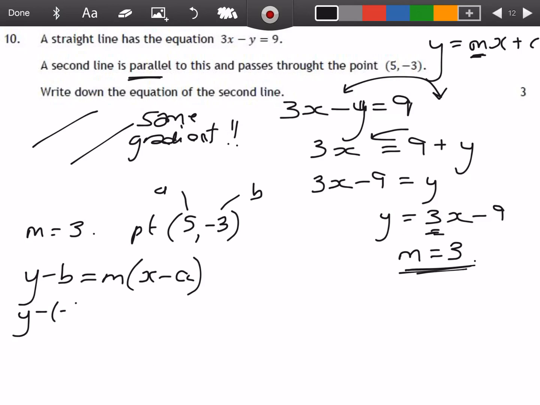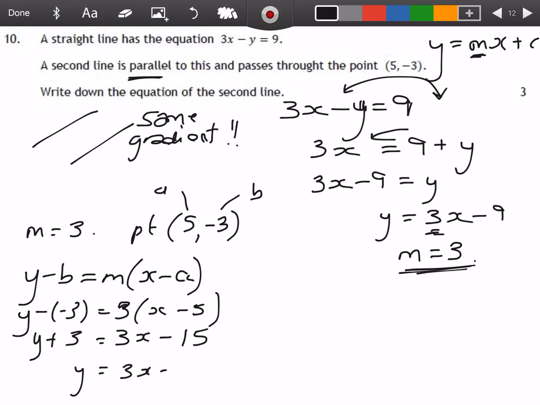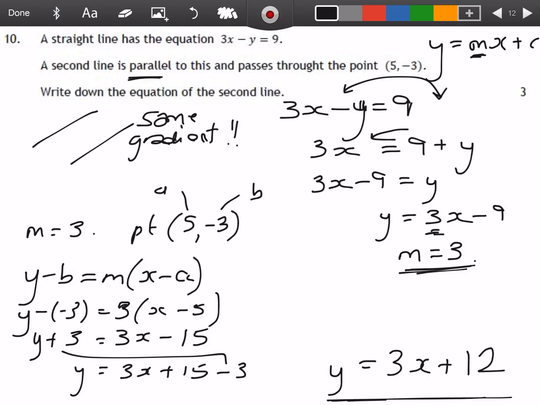So y minus 3 is equal to 3 bracket x minus 5. Tidy that up a wee bit. Y minus 3 is equal to, that's a 3 there, sorry, 3x minus 15. We don't really like to leave it like that. I'm going to bring the 3 across. So the actual answer is y equals 3x minus 12, because you've got a minus 15 and a plus 3.